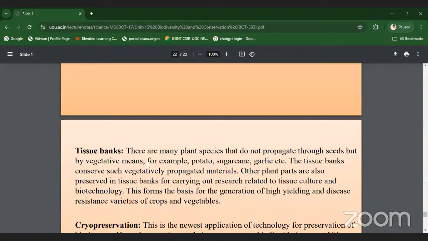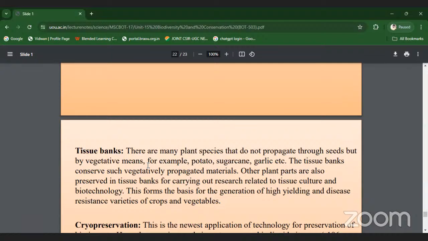So this is biodiversity: in situ conservation, botanical garden, zoological park, and national and international conservation strategy.